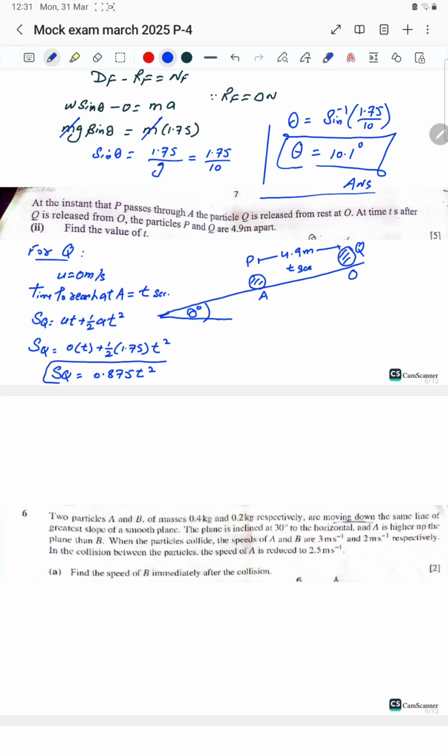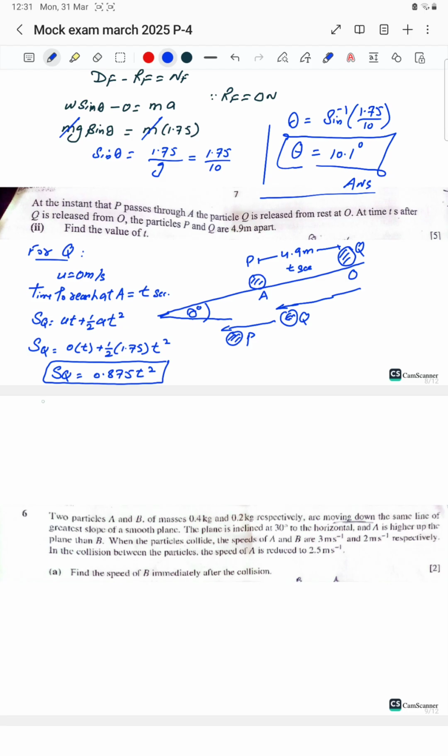That is the distance traveled by particle Q to come to A. Both particles are definitely in motion, so when Q comes to A, the particle P will have moved further somewhere on this inclined plane, ahead of point A.